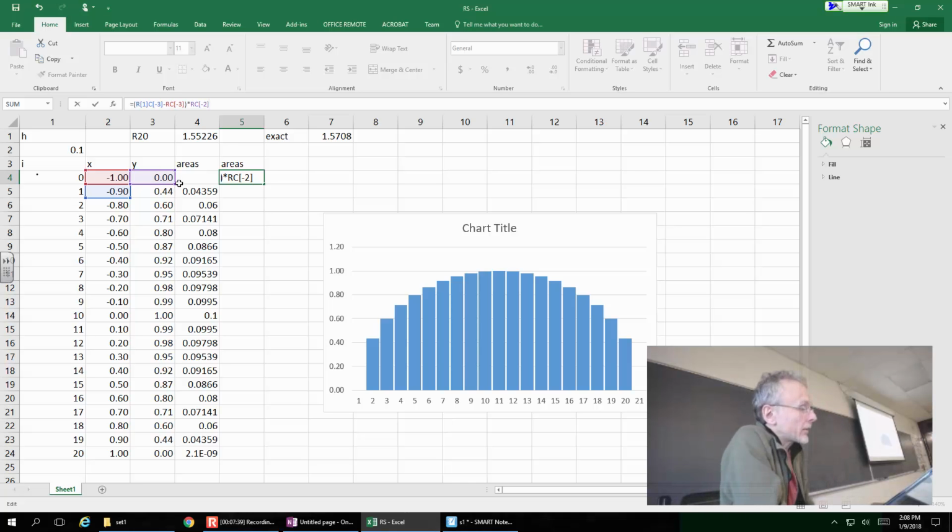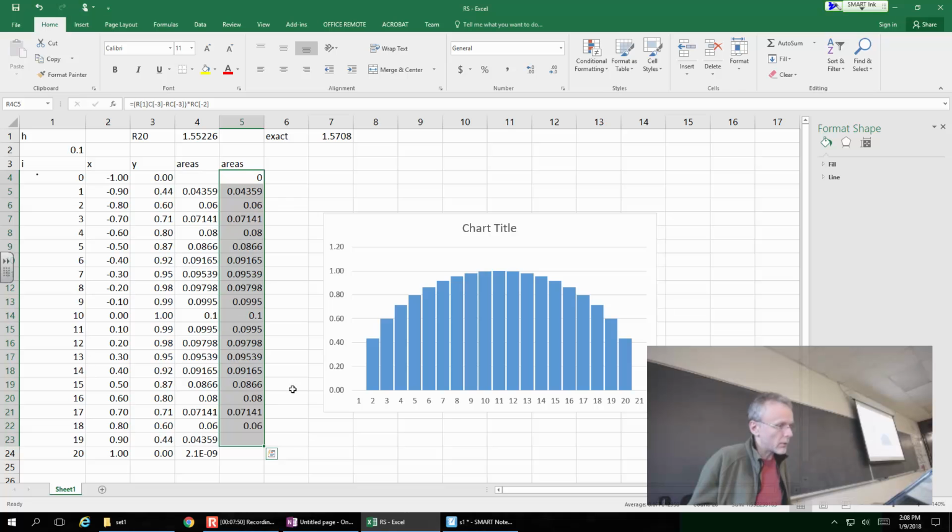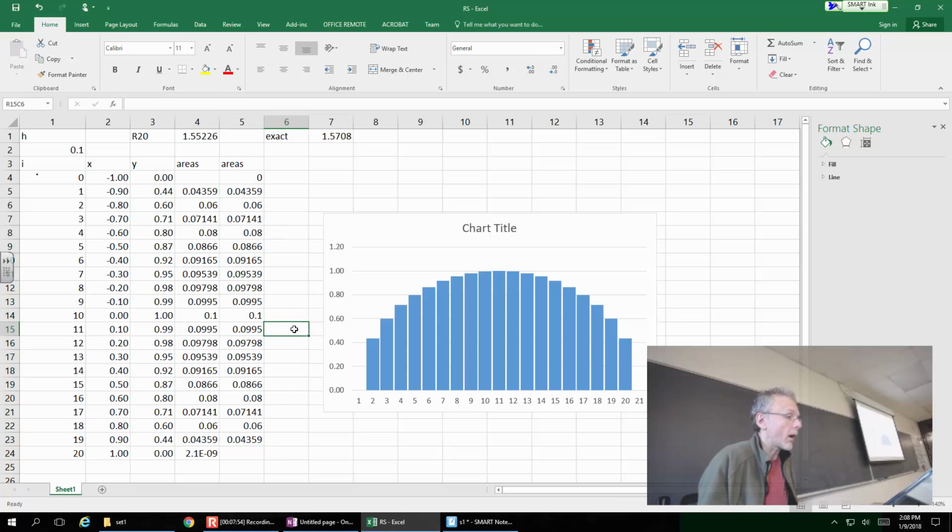That is still in parentheses over there, and then it's multiplied by the value of y, and the value of y is 0, so that's why this is 0. But otherwise, these are the values. I spread them down. So these are the values of the Riemann sums in each of the intervals, but it is a left-hand sum.